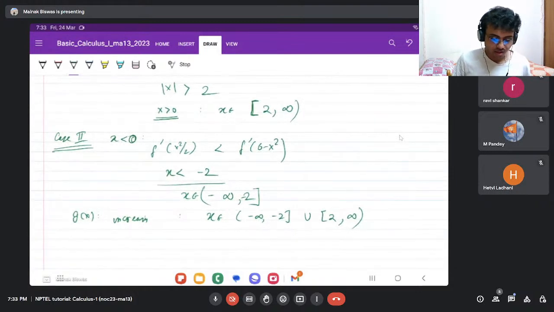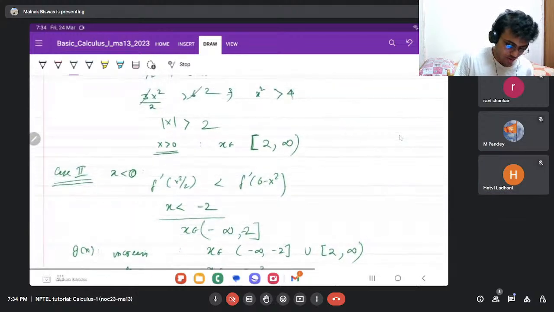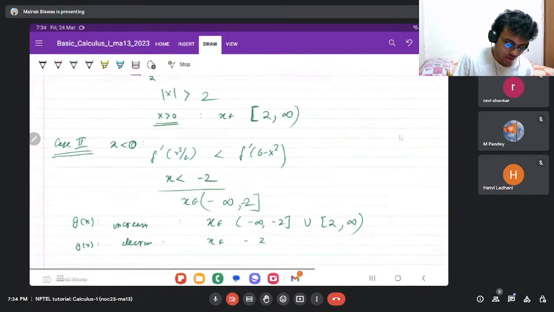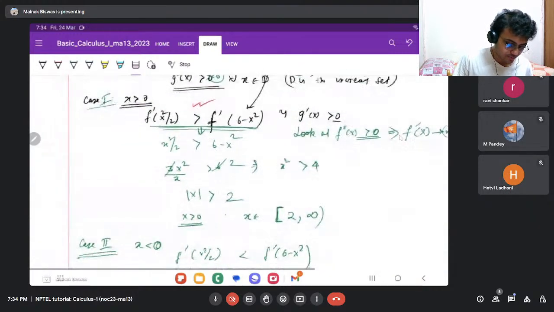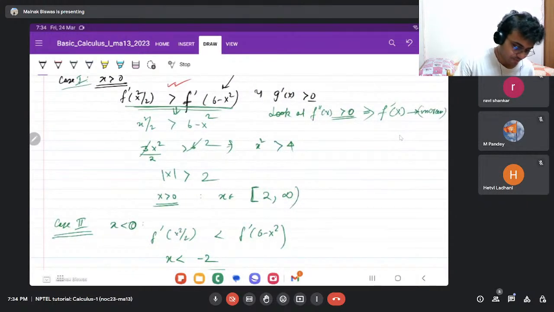And decreasing for minus 2 to 2, open bracket. No, sorry, I am wrong, because at x equal to 0 also you will have a change in sign, right? Let's look at this curve. Wait, let's consider this function.